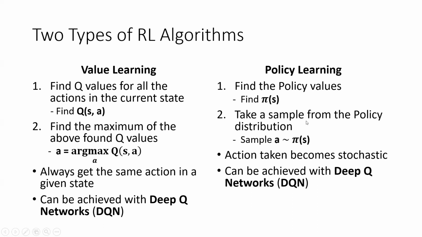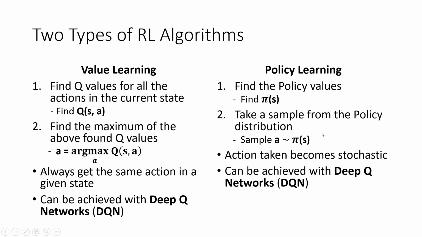But in policy learning, you find the probabilities of getting higher rewards in a probability distribution for each of the actions. So in policy learning, you take actions by sampling from the policy function, not like value learning where you take the highest Q value.